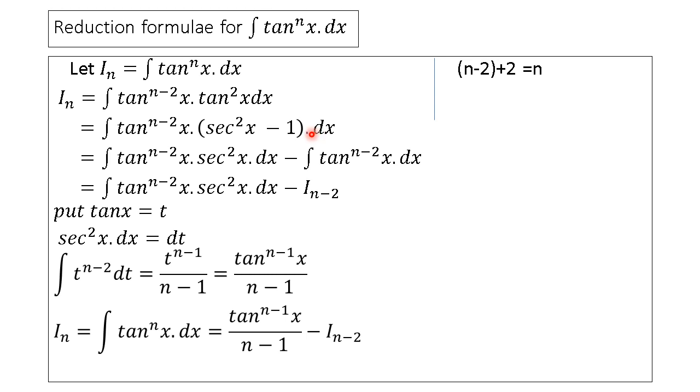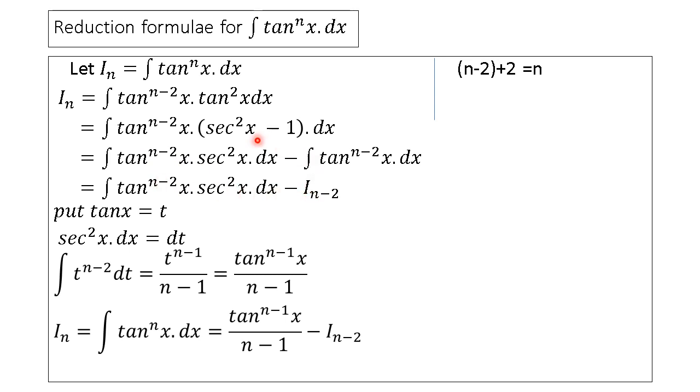Next, multiply this tan to the power n minus 2 x to the first term and to the second term. Multiplying this to the first term, we get this one, and minus into plus gives minus integration of tan to the power n minus 2 x into dx. In the next step, this one is the same as it is, minus I_n minus 2.